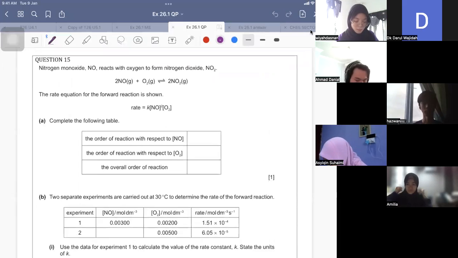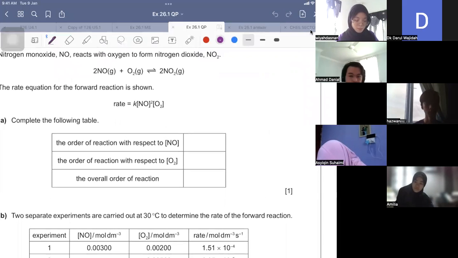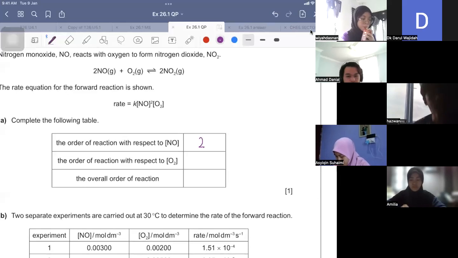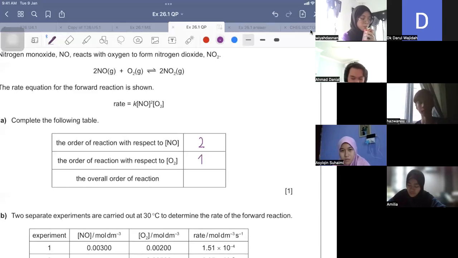The power, the number where the concentration is raised to, is actually your order already. So nitrogen monoxide is second order and oxygen is first order. The overall order of reaction is basically just the total. You add up the individual orders of reaction. So that's just 3.